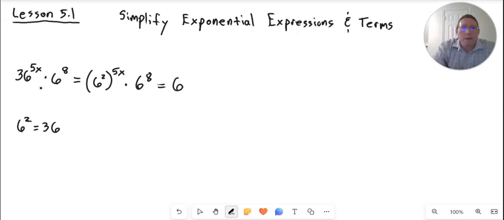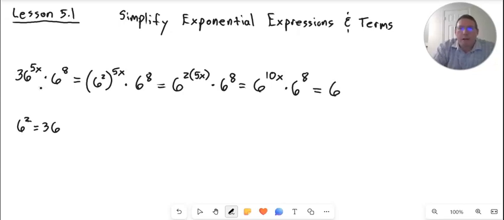And so that's going to be 6 to the power of 2 times 5x times 6 to the 8th power, which is 6 to the 10x power, because 2 times 5x is 10x, times 6 to the 8th power, and now when we simplify it, it just becomes 6 to the power of 10x plus 8. Okay? All right, let's try another example.